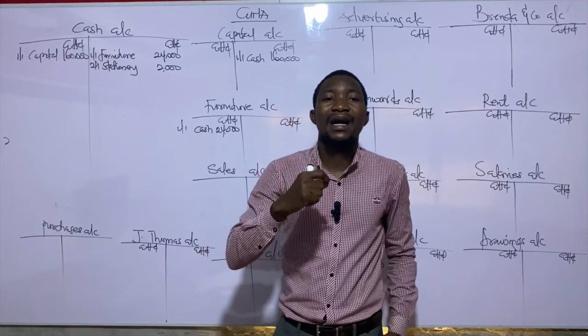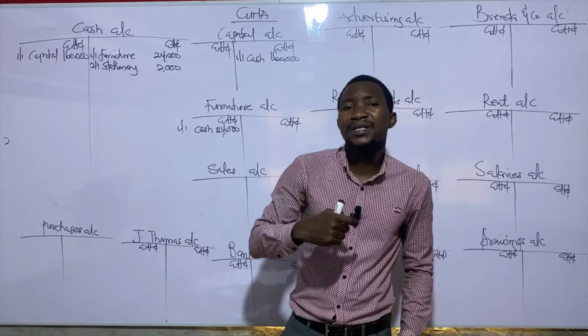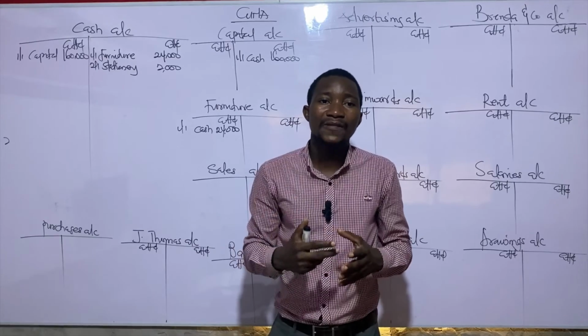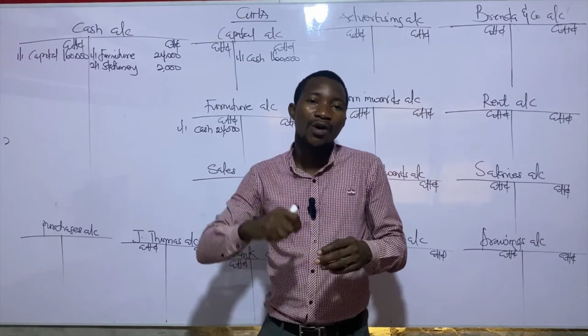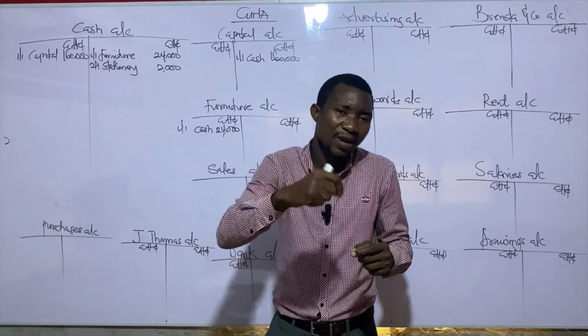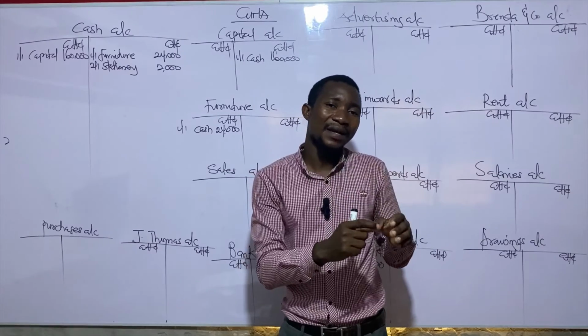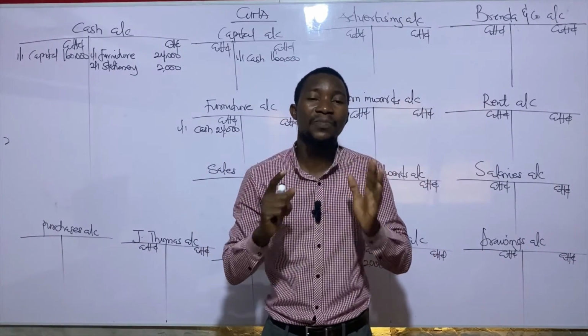But when we bought an item to be in the business to assist the business to generate revenue, or to be in the business for more than one accounting period, we open an account of that particular item we bought. But if we bought goods that are purposely for resale, we consider that account as purchases.